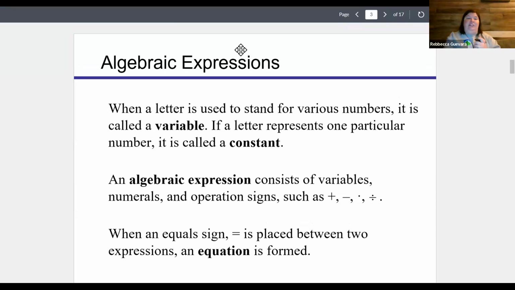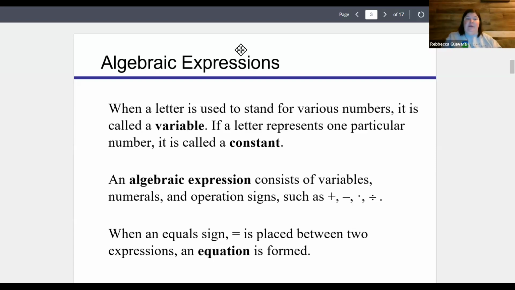Okay, so just a little bit of terminology. When a letter is used to stand in for a variety of numbers, not necessarily a single number, that's a variable. Variable derives from vary, something that changes. So we're using something to substitute for the variety of numbers we can put in there, and usually we just use a letter.